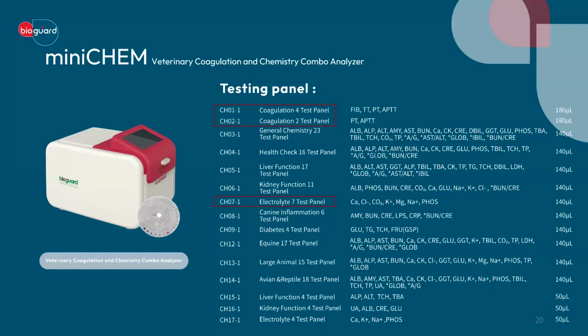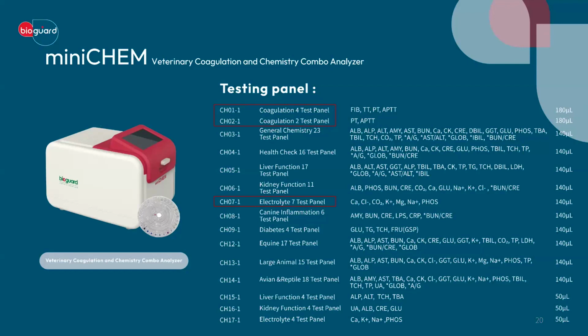So Minicam offers both coagulation and chemistry testing in just one device, which makes it very easy for the vet to get results quickly, reliably, and faster, in his own clinic. You can see here the panel combination for the coagulation test as well as the electrolyte test, and also other health checkup and general chemistry panels.